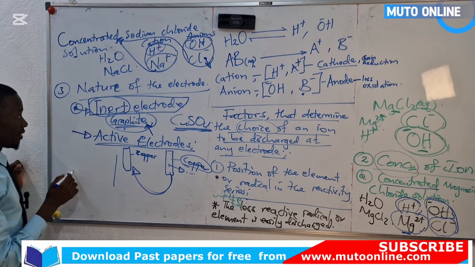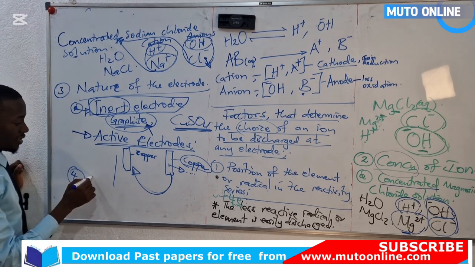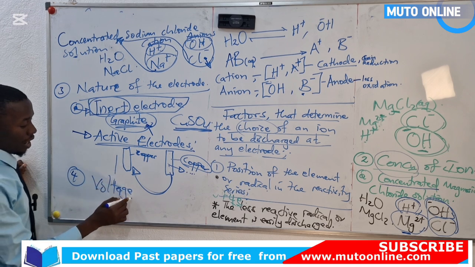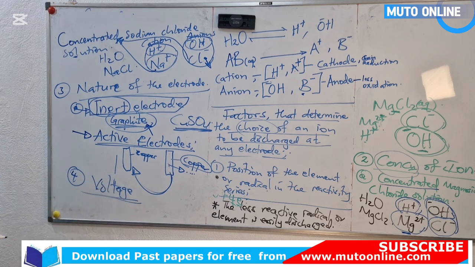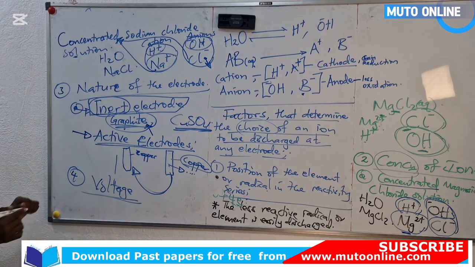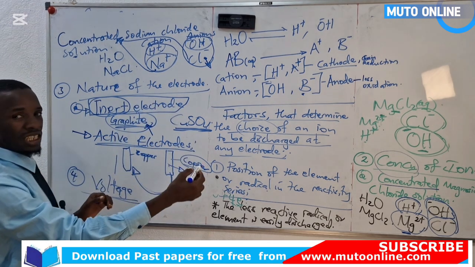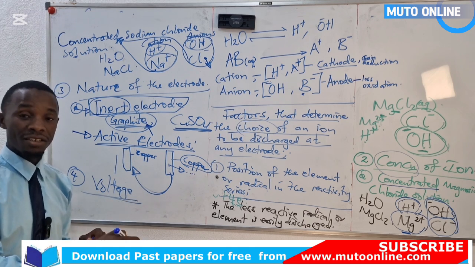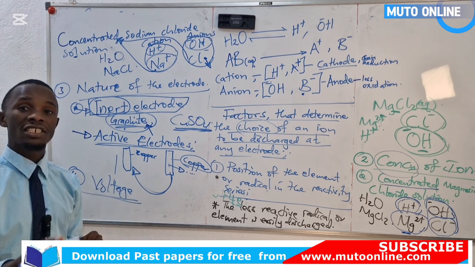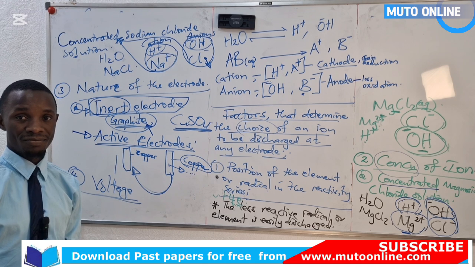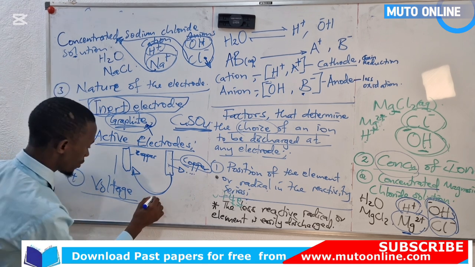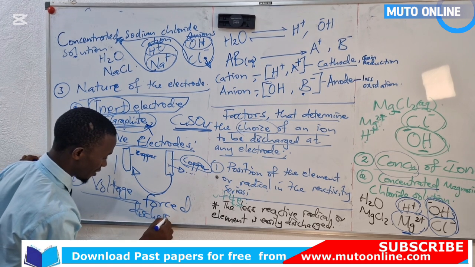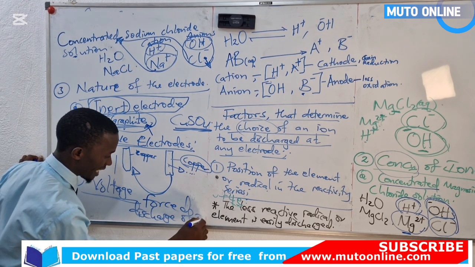And lastly, the fourth factor is the voltage of current introduced or applied in the electrolytic cell. The PD across an electrolytic cell, or the amount of current flowing through the electrolytic cell, may cause forced discharge of ions.